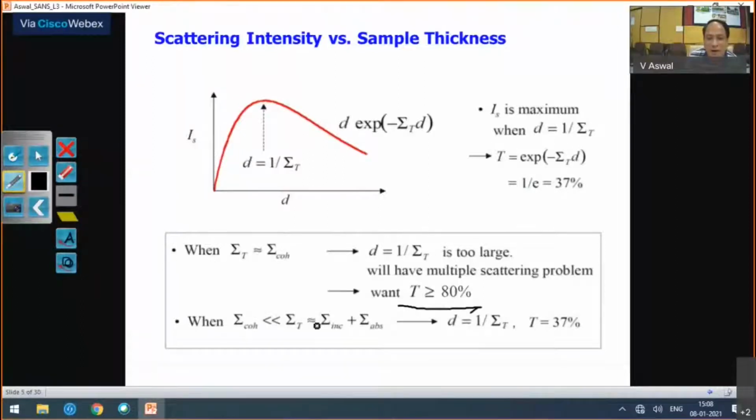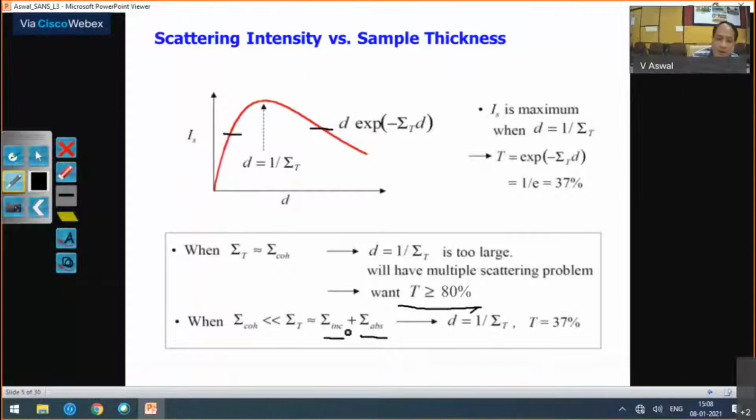And then if you have, let's say, a hydrogenous material, or some component which is strongly absorbing neutrons, in that case you can go to this thickness where your transmission is 37%. Because if you go below this transmission, taking a thicker sample, then you don't gain, because your intensity will be low. And if you go for too thin samples, then again your scattering will be low.